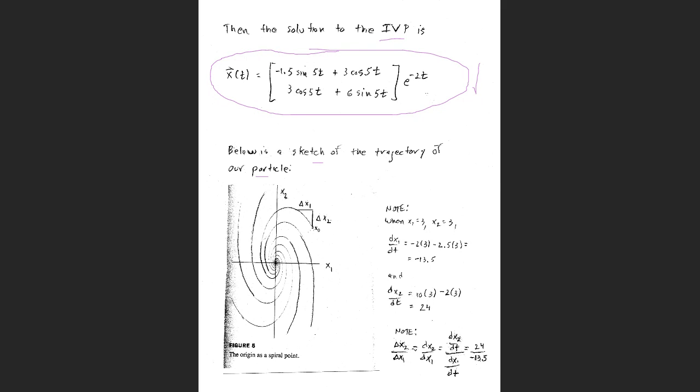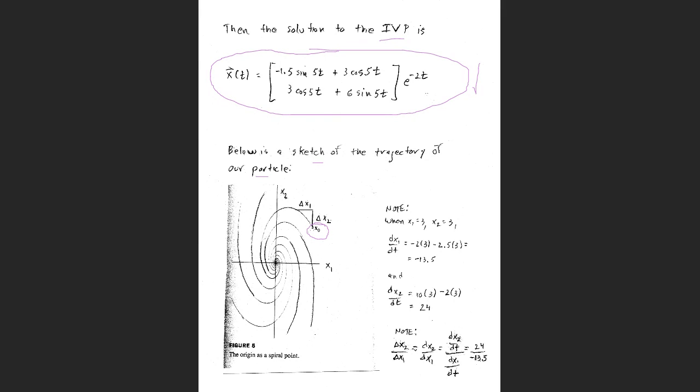Now, this trajectory below comes from figure 5. For our initial condition, which is x of 0 equals 3, 3, the solution is spiraling inward to the origin.